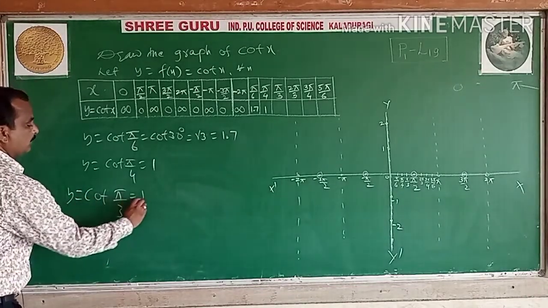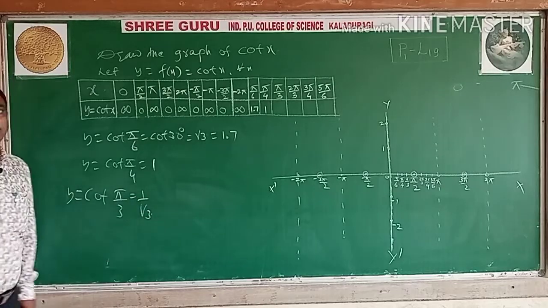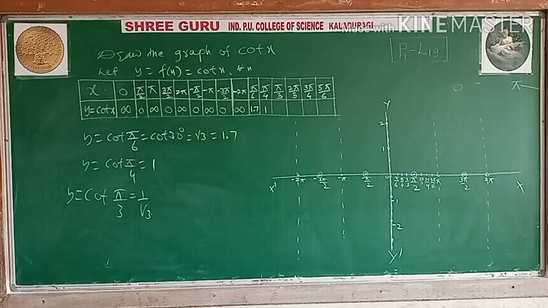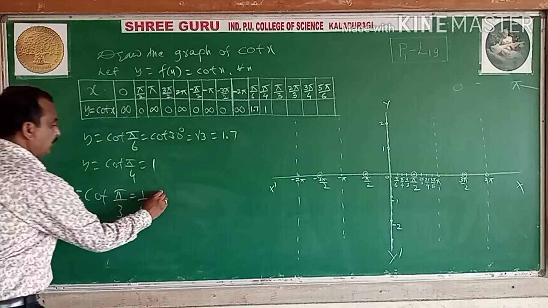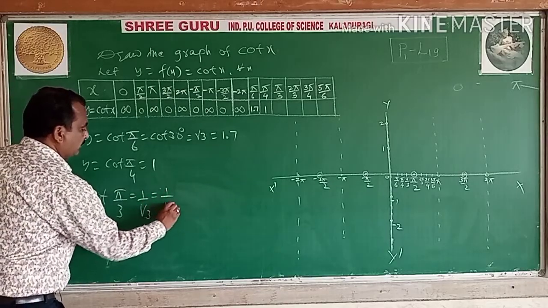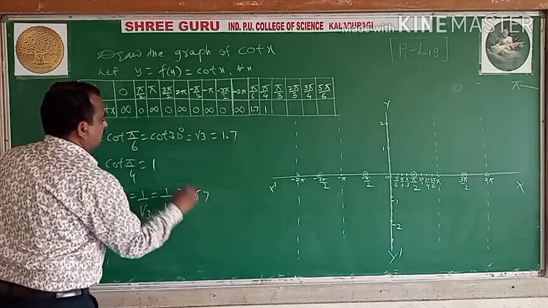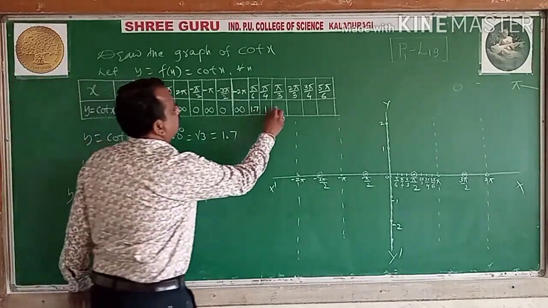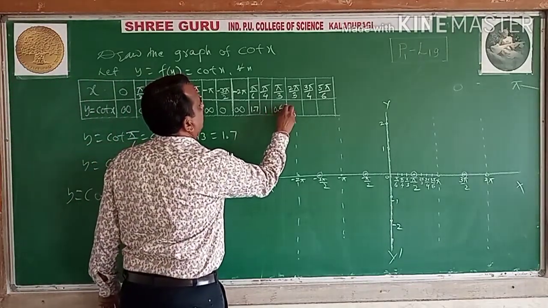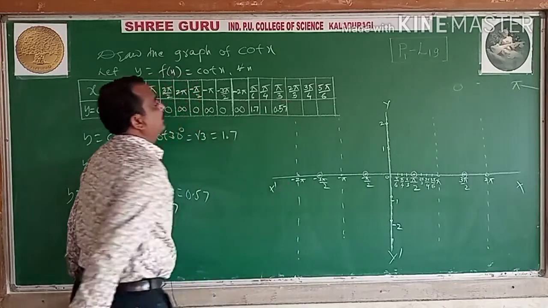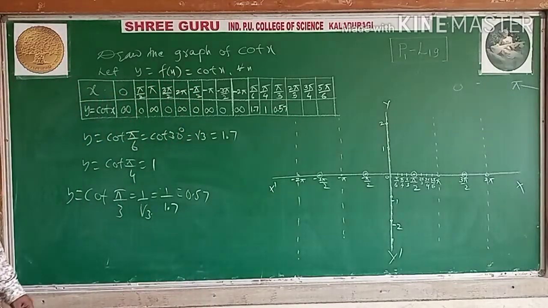Is it 1 by root 3? What is the value of 1 by root 3? 1 divided by 1.7 is 0.57. You have calculated it: 0.57. Next, 2 pi by 3.